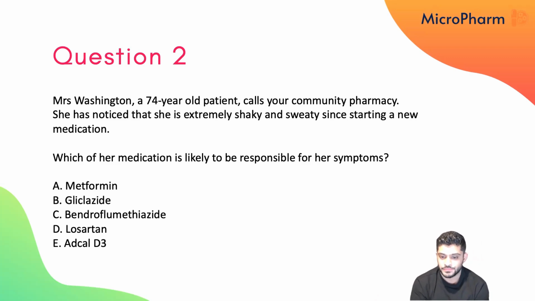What is C? A thiazide-like diuretic. D, what is D? And A or B, absolutely. So from your options, A and B are your anti-diabetic options. Why is it B and not A?